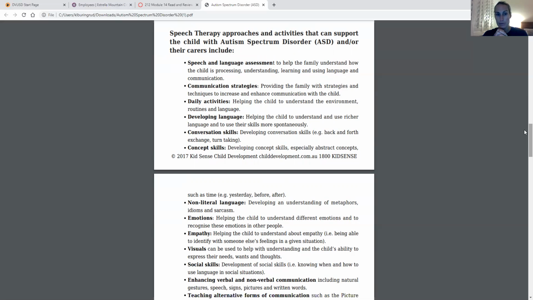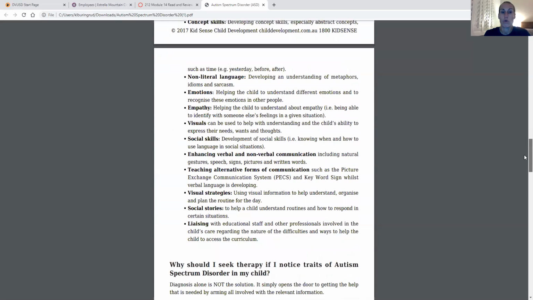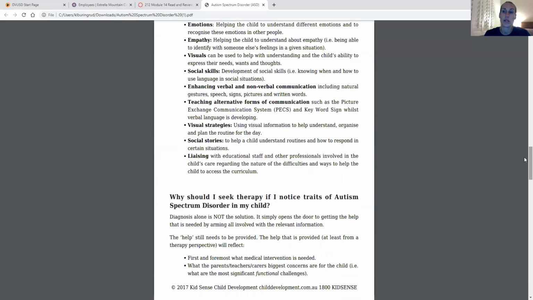And again, sometimes we have some differences of opinion. So when you're struggling with communication strategies with a particular client, especially a client with autism, definitely consult with your supervisor. Hey, this is working. Or what you find too is you start using some type of visual system and then they start to become verbal, because that's what the research supports.